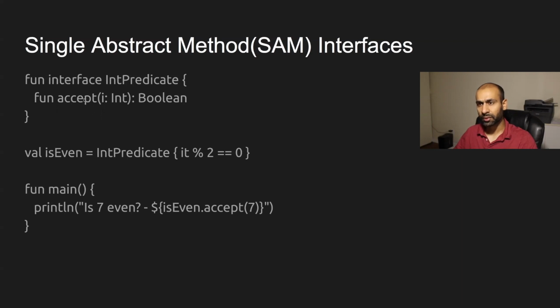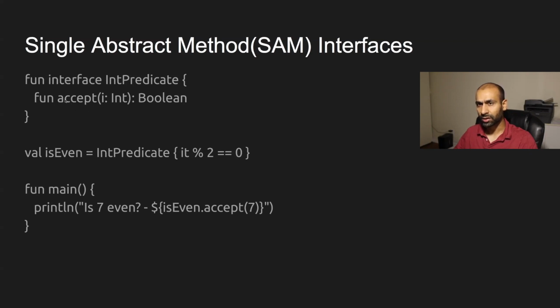It's done in a very concise way. This is what we are implementing, and the function accept refers to this, which takes an int, which is referred to as it. It would do a mod by 2, and check if it's 0. So this is the body.